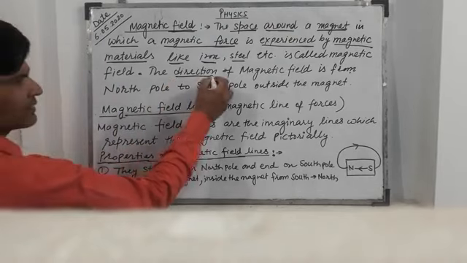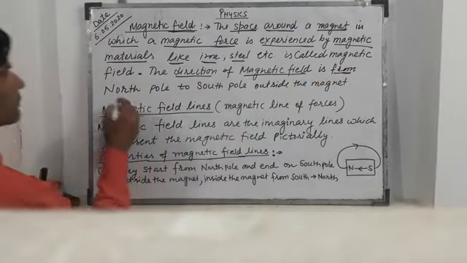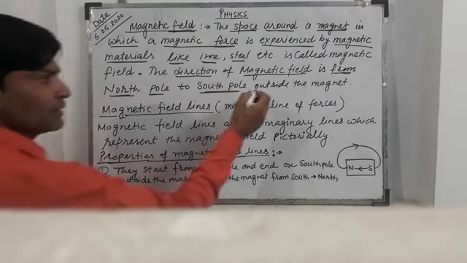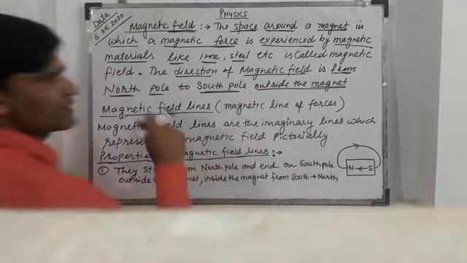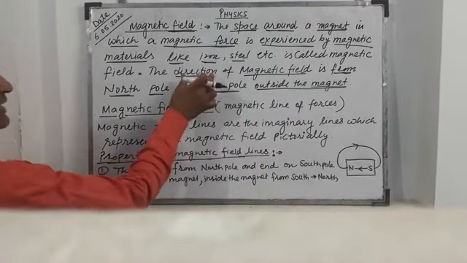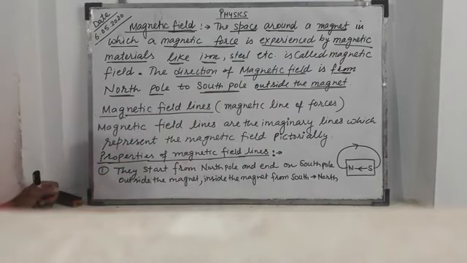The direction of the magnetic field is from the north pole to the south pole, but outside the magnet.